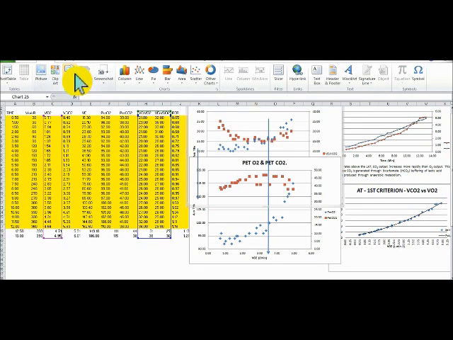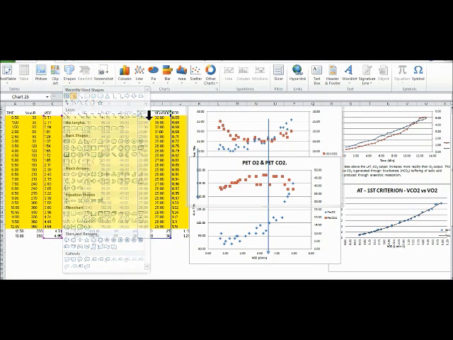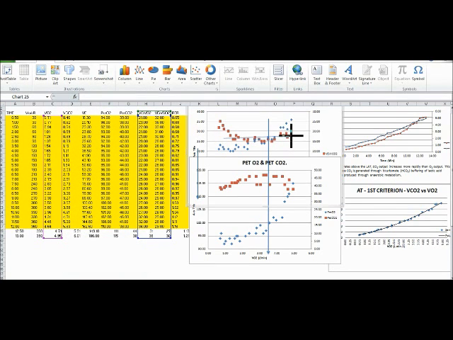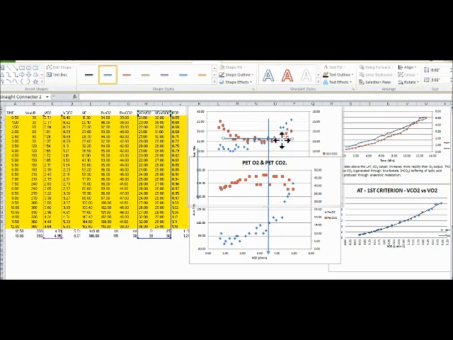So let's go ahead and insert a line so we don't get lost. And I'm going to say I'm pretty confident that it's right about that point right there. Okay, so I'm going to draw the red line. Actually, let's make it green to stand out a little bit. We'll put it above the line here. Okay, so I'm thinking that's about where that's located.